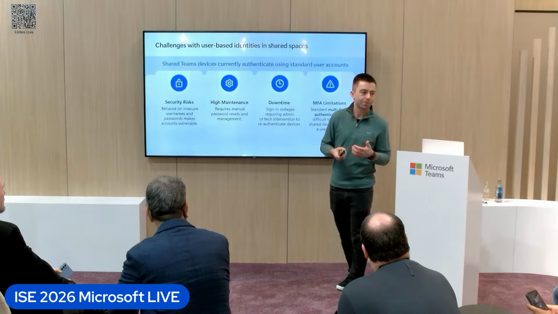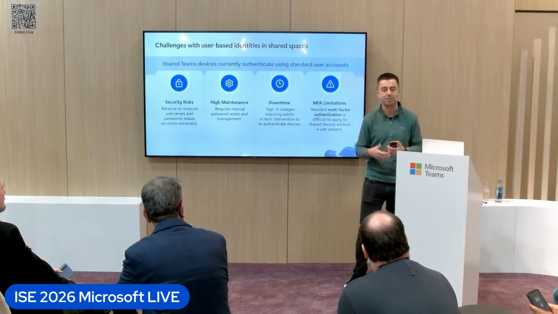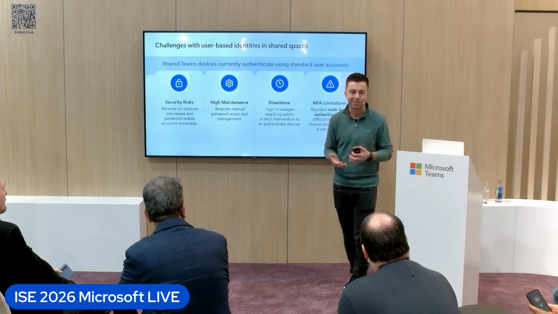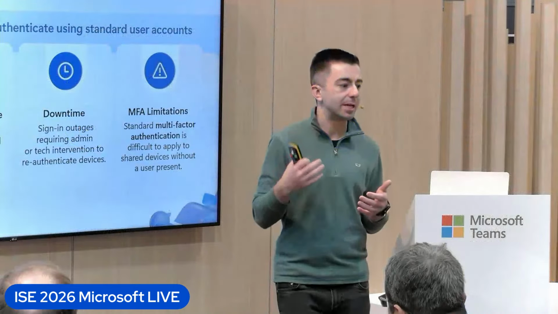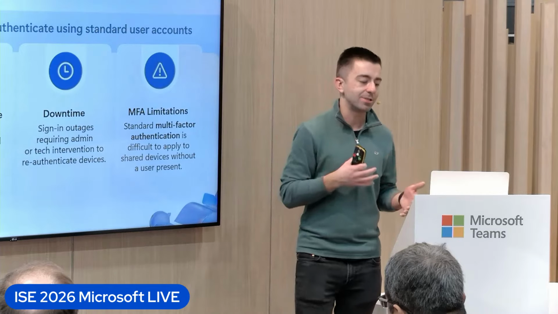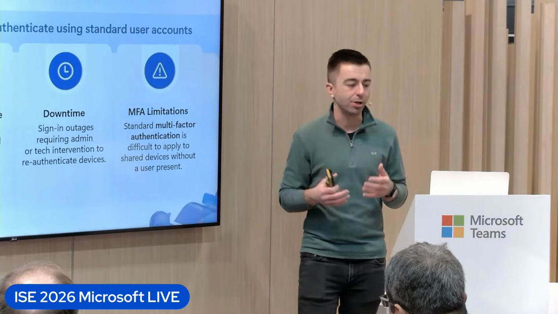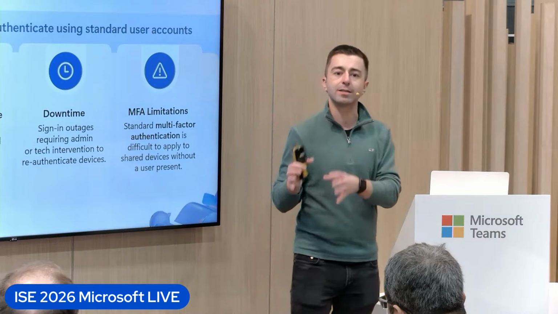It's not an end user identity where an individual person knows their username and password, and has their multi-factor authentication token on their iPhone where they can click the approve button when they sign in. That doesn't work for a shared space device. As we've gone down this path into Teams, M365 and these cloud-based identities, we've had to build a model around it with conditional access and recommend that customers lock down the devices.